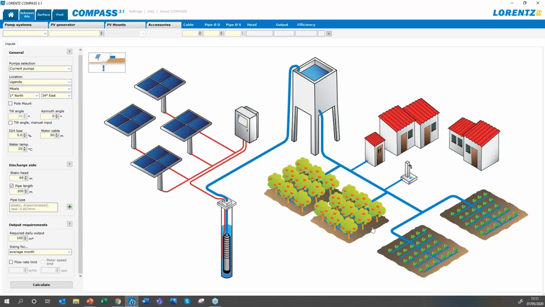Okay, so we're running a little bit over time. I think I've got through most of the examples there, and most of the questions I think I've covered in what I've talked about. I would encourage you to get comfortable with Compass. It's very easy to use.